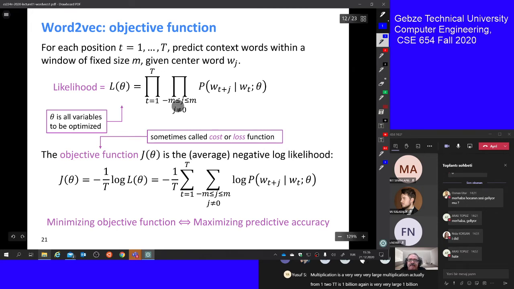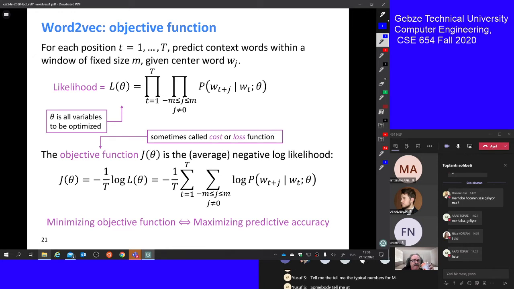And what is m? Tell me the typical numbers for m. Somebody tell me a typical number for m.